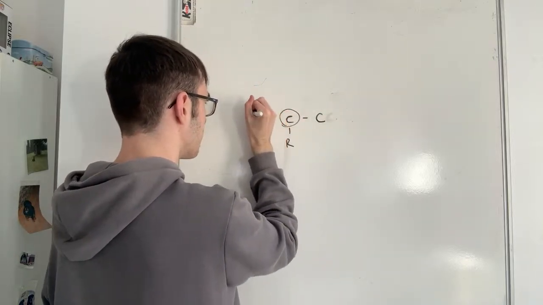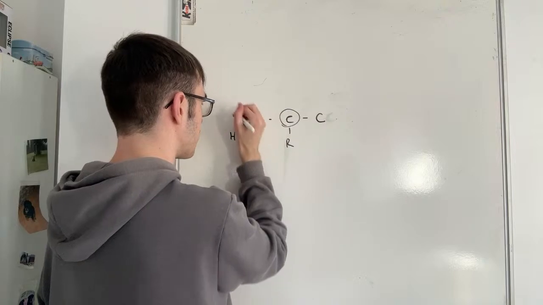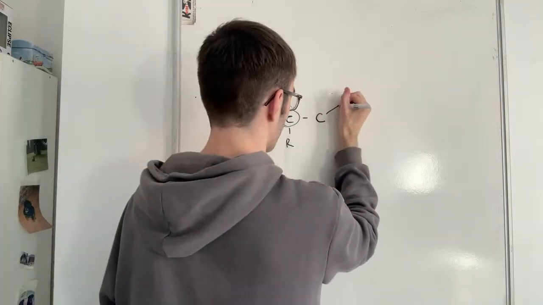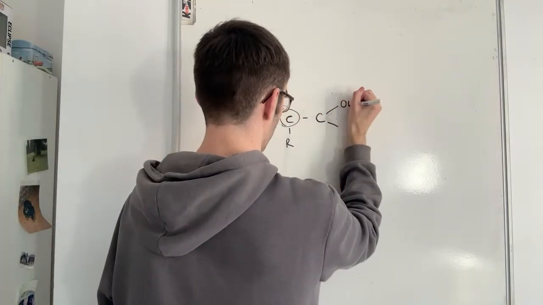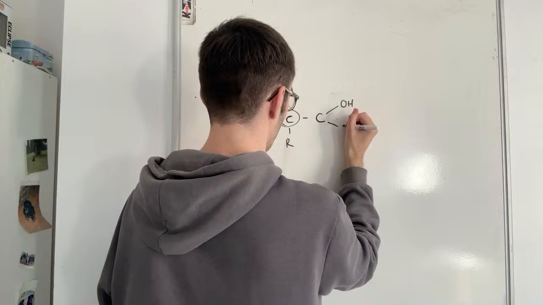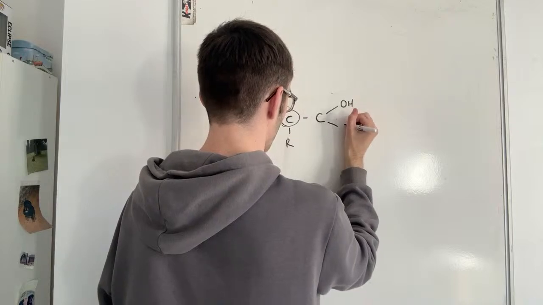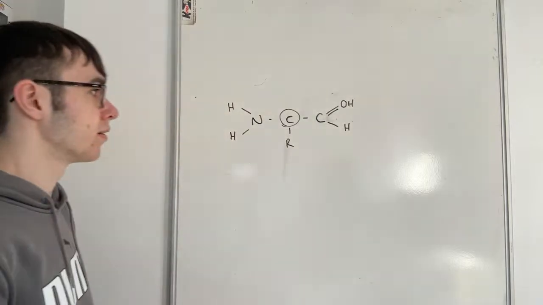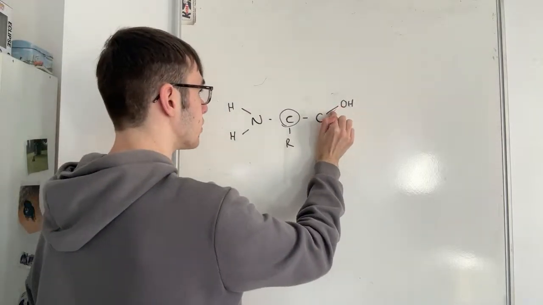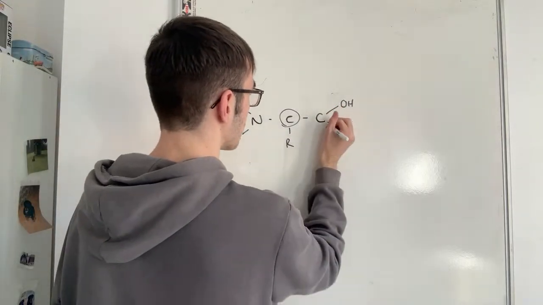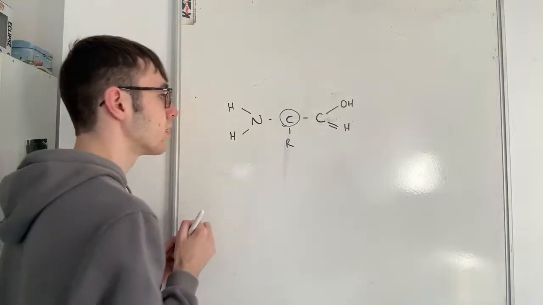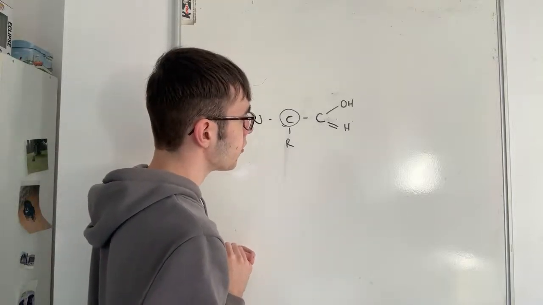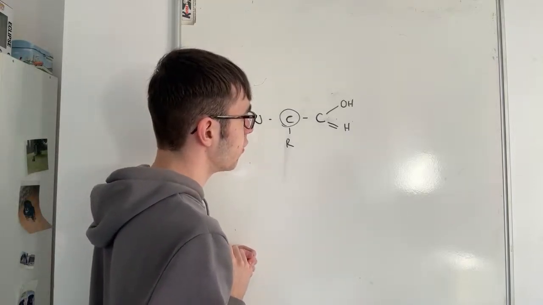Nitrogen here. Hydrogen, hydrogen. OH. H. Double bond there. No. Wouldn't there be another oxygen though? Because it's COOH.